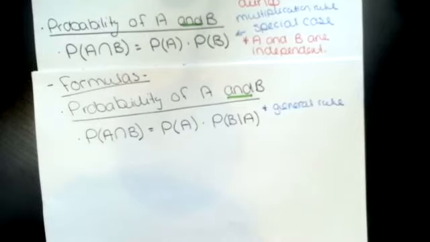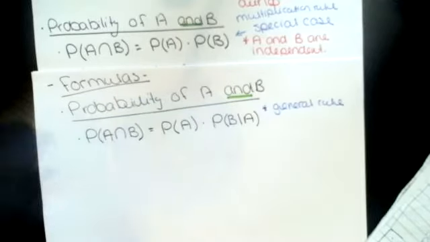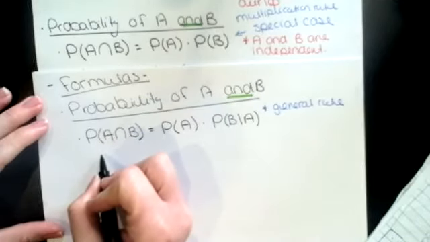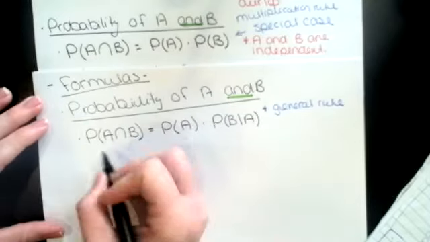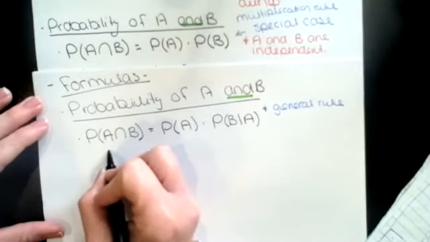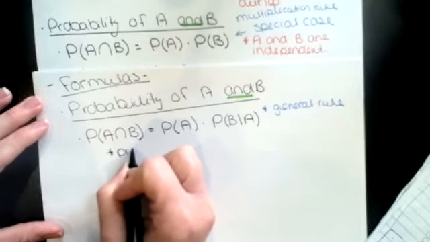Let me just, having some issues. Okay, here we go. So this is going to be the probability of A. I'm just going to write it down, the wording behind this, because I think that might be helpful rather than just notation.